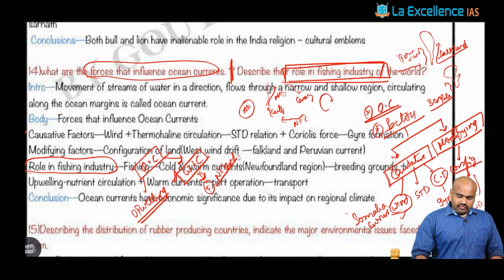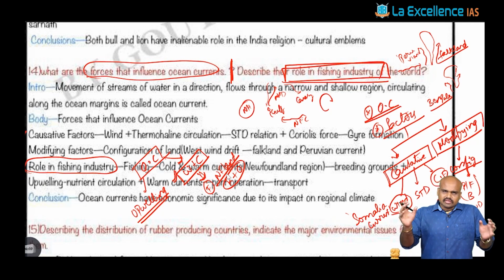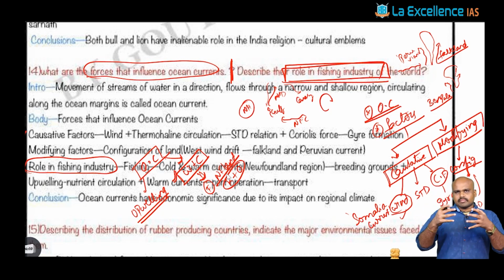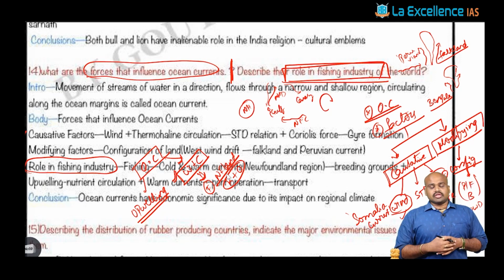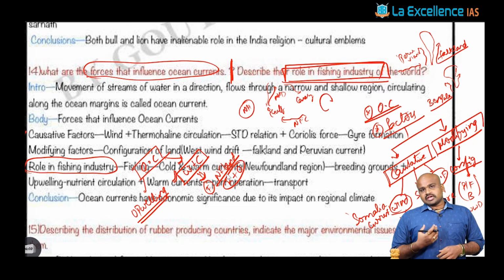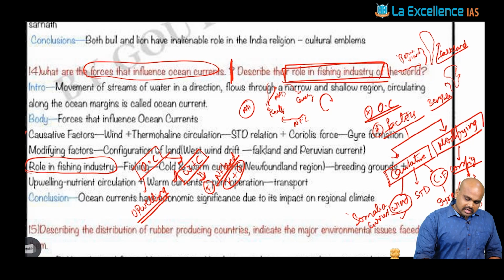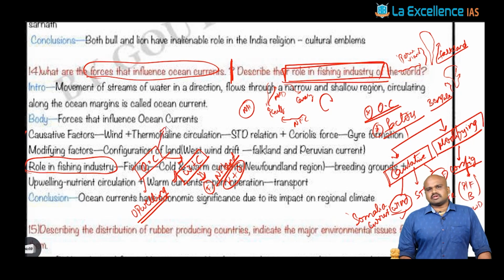Apart from Newfoundland, near the Japan region we also have the Kuroshio and Oyashio, which are the warm current and cold current respectively. When they mix or join together or interact together, in the transitioning region you would see that these are very, very conducive for fishing. Right? Once you talk about this, there is another element that has to be remembered.